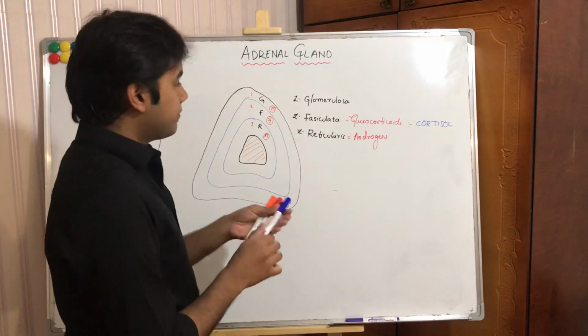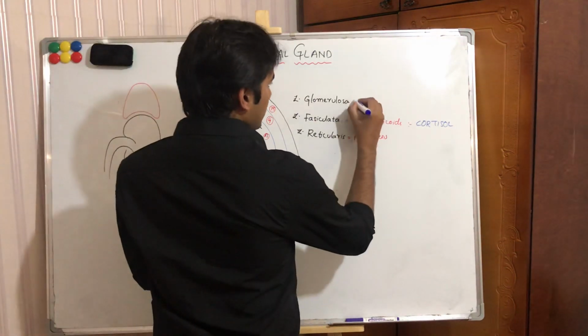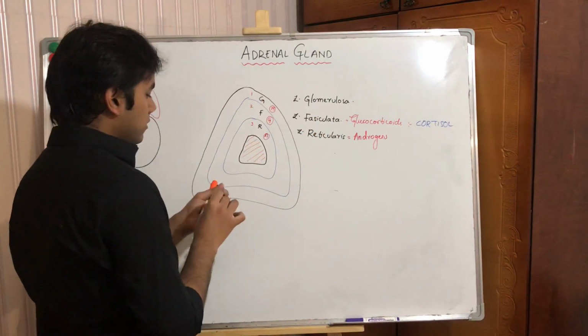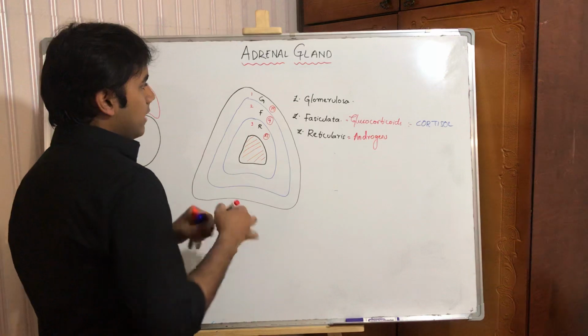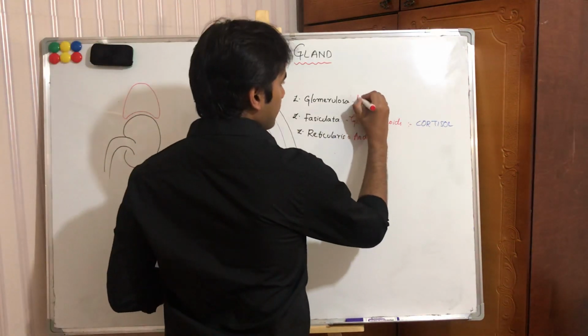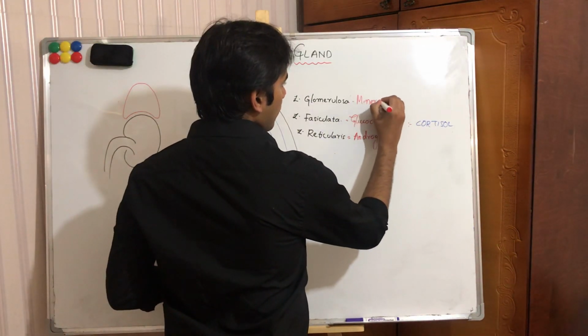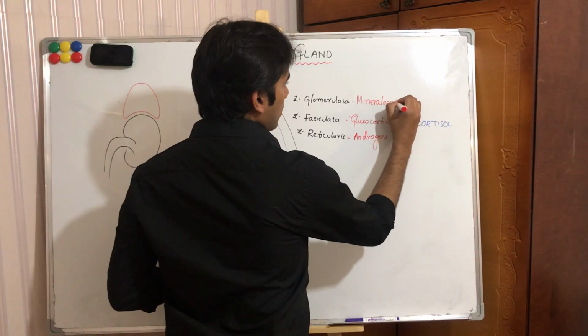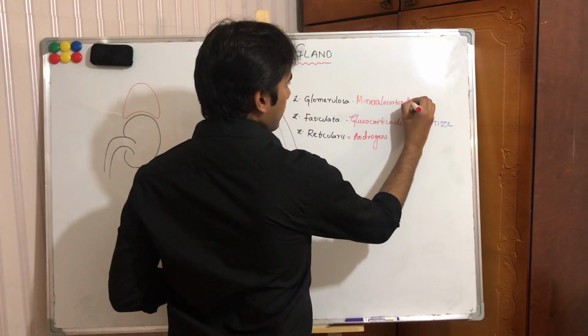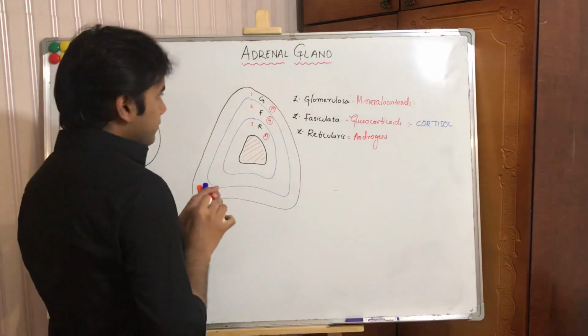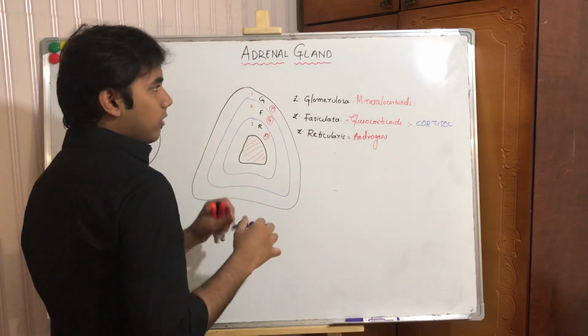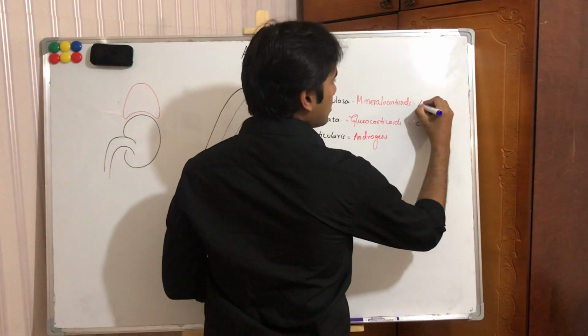Next, zona glomerulosa. Glomerulosa releases M. What is this M? M stands for mineralocorticoids. Right. Now look, what is an example of mineralocorticoids?